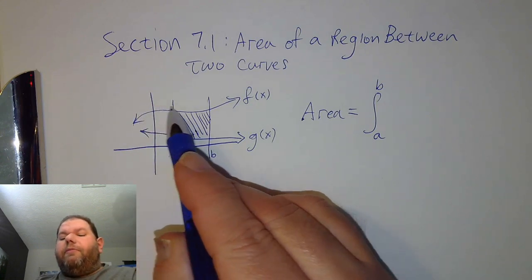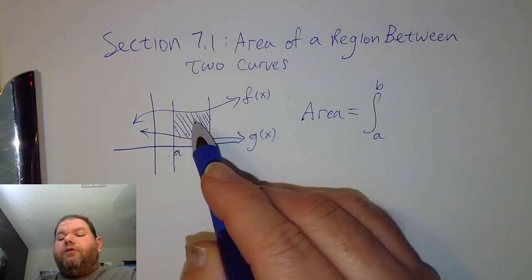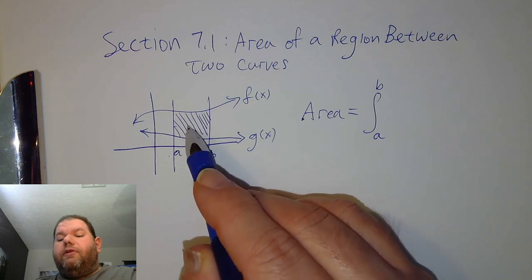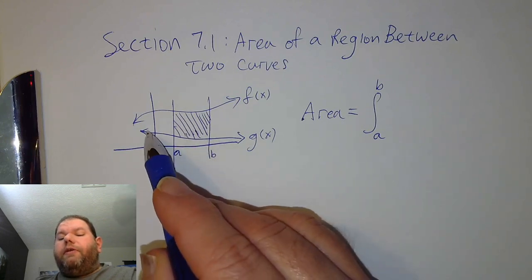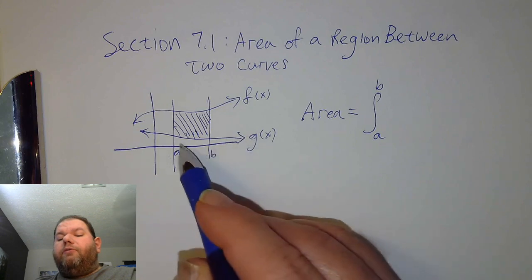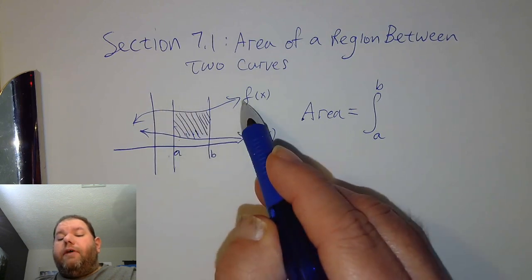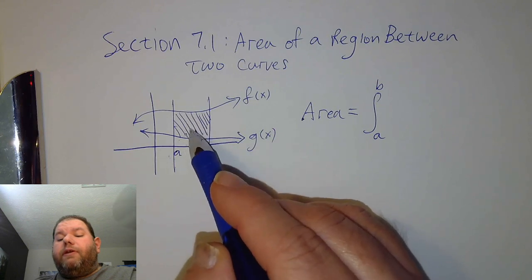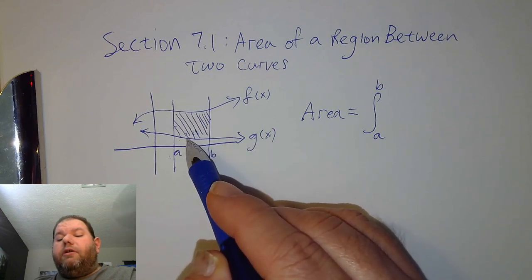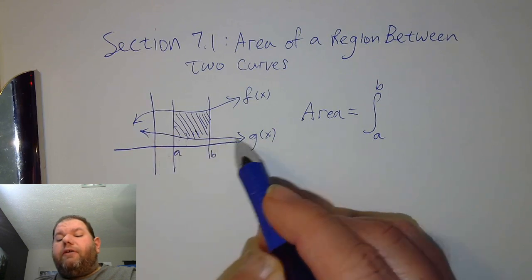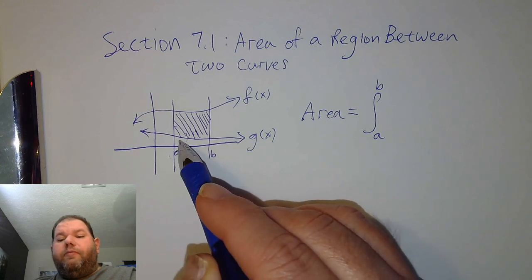So we have the area beneath f of x, which is this whole area, these two parts. And then we have the area beneath g of x, which is this part.